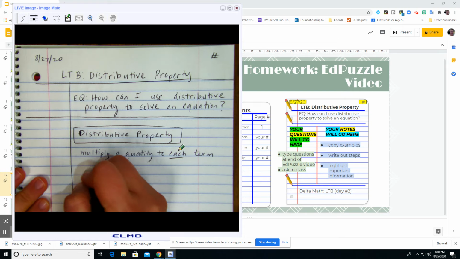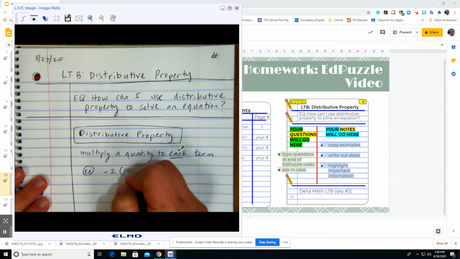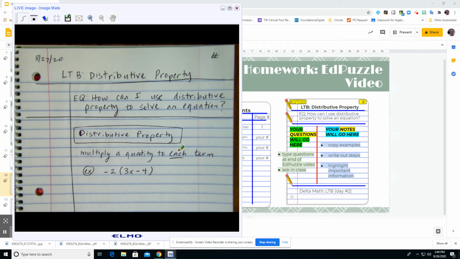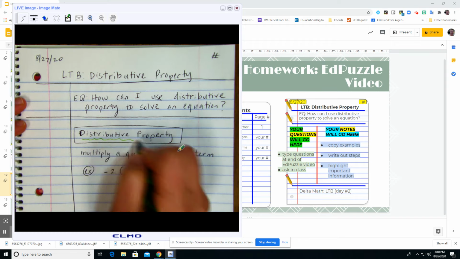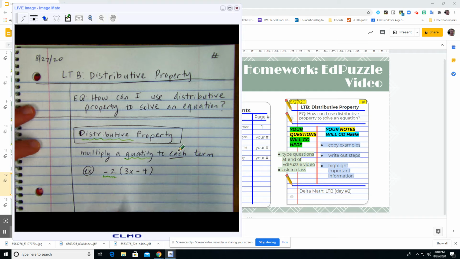So here's an example of the distributive property. Maybe I have -2 times 3x minus 4. So when I'm using the distributive property, I'm distributing a quantity to each term. So here I have a -2. This -2 is being distributed.